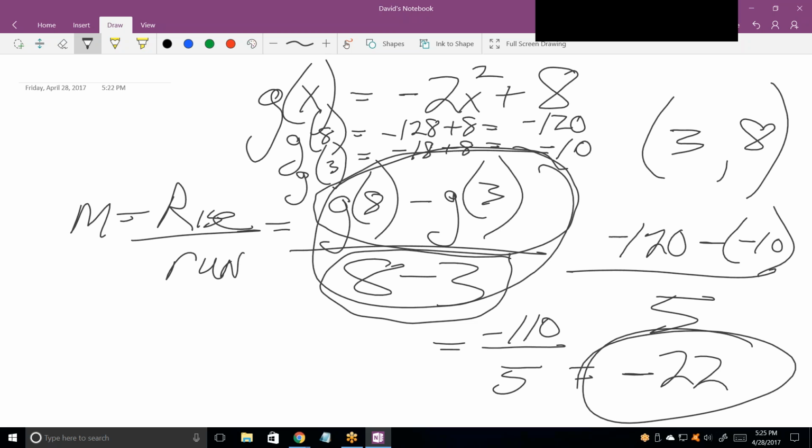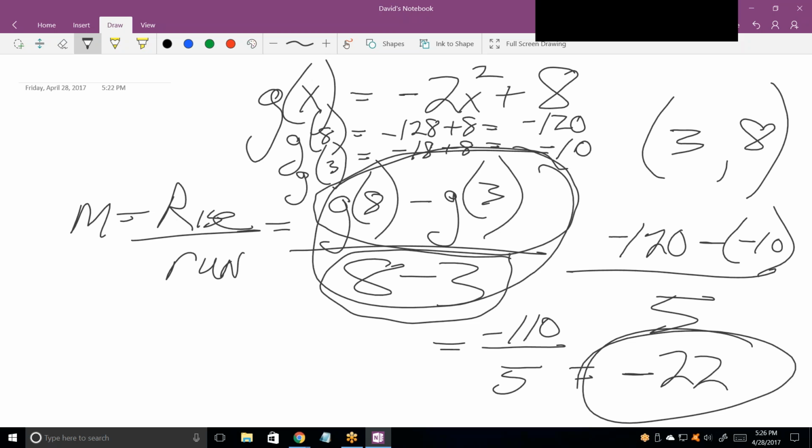That's the average rate of change. For every time x moves to the right 1, g of x drops by 22. So 110 divided by 5 is negative 22, yes. And that's the answer.